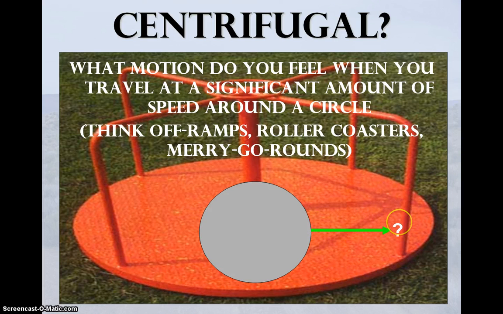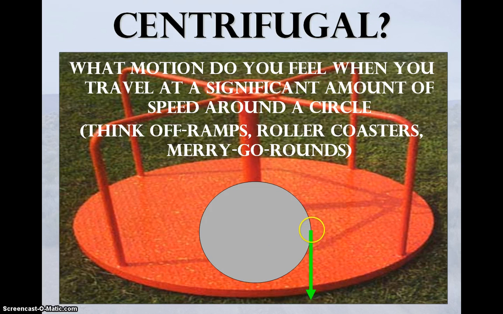But this actually is not correct, okay? The actual direction that you want to go is to continue on your path. This is Newton's first law. So if you're going around in this circle like this, right here you want to continue forward, you want to continue straight, and something is causing you to turn with an inward force, okay?